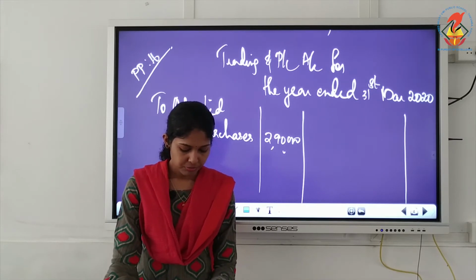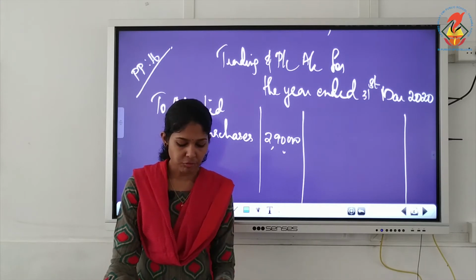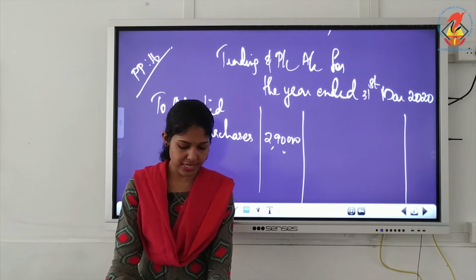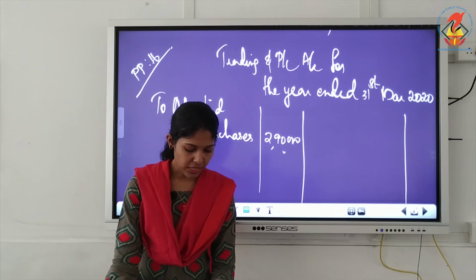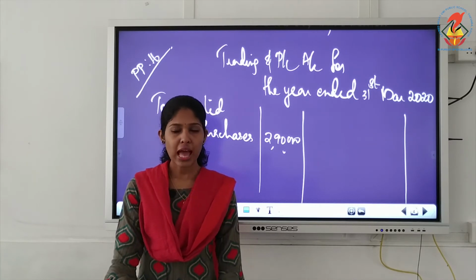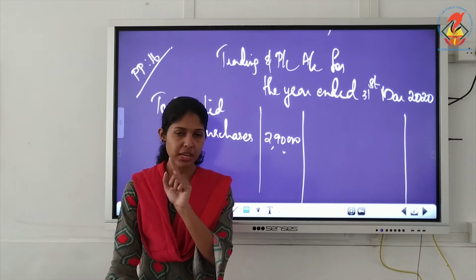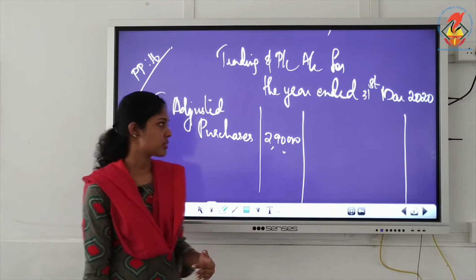Okay, now this purchases has one item to be deducted, that is purchases less returns. So, you just see the items given there. Do we have any returns there? No, we do not have any purchases return in the question, but again we have put a tick mark against purchases. Why? Because there are drawings.